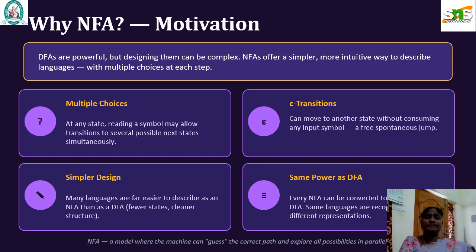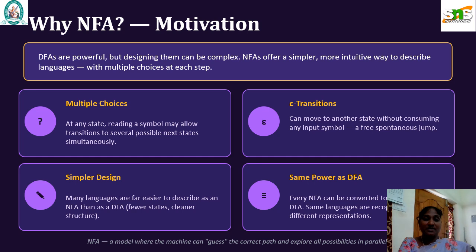At any state, reading a symbol may allow transition to several possible next states simultaneously. The second one is epsilon transition. This means it can move to another state without consuming any input symbol, that is a free spontaneous jump.